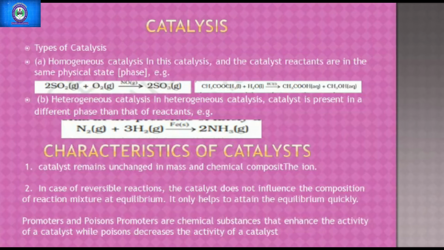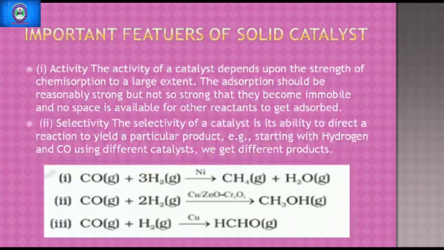For example, molybdenum acts as a promoter for the iron catalyst in the manufacture of ammonia by Haber's process. What is a catalytic poison? Certain substances like arsenic, carbon monoxide, etc., if present, lower the activity of the catalyst, and these substances are called catalytic poisons.